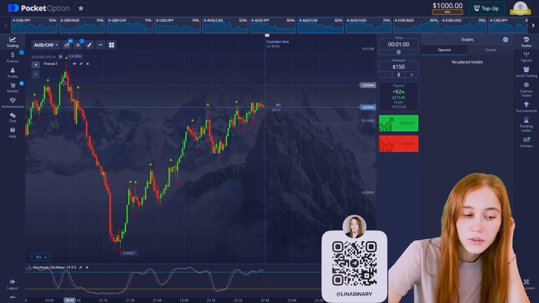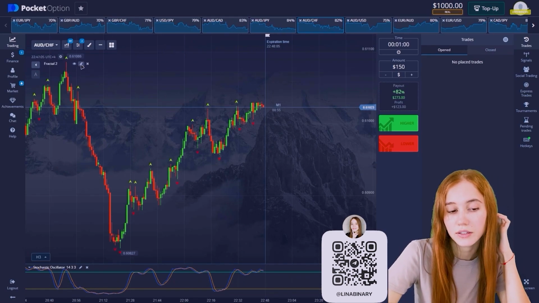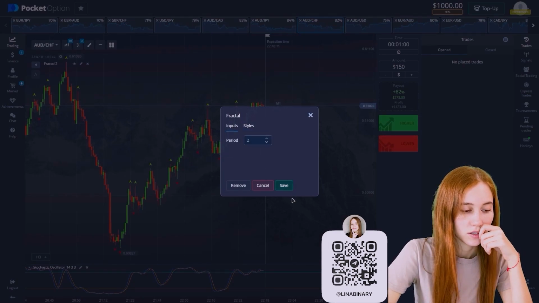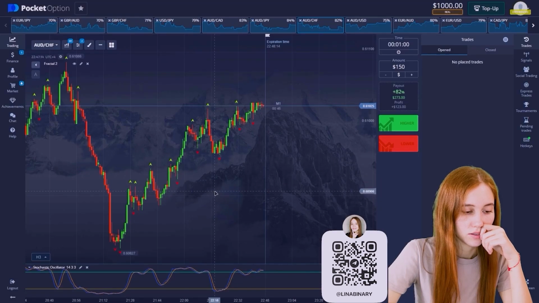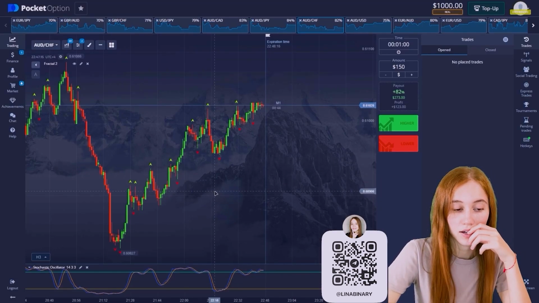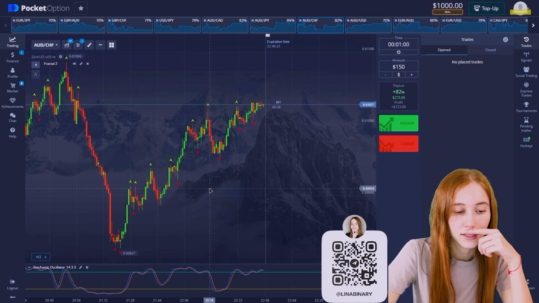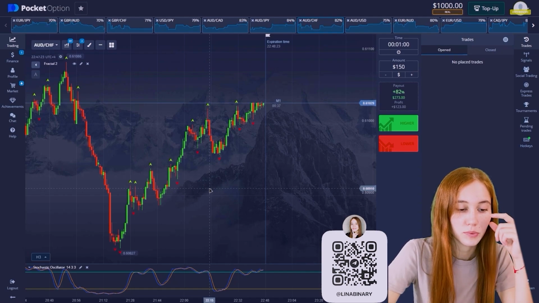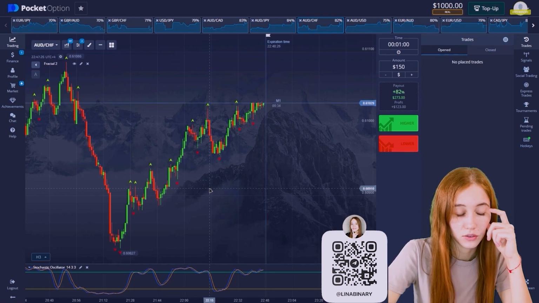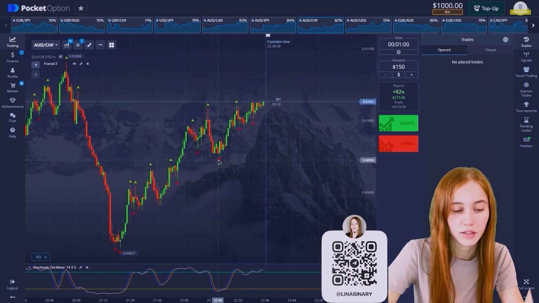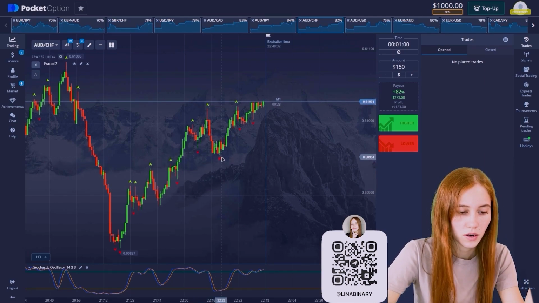There's also a second indicator, the fractal. Let me show you its settings. This indicator shows the highs and lows reached by the market during a certain period, visually highlighting them with directional pointers depending on the extremes. Fractal down has a red pointer, like here, pointing down.